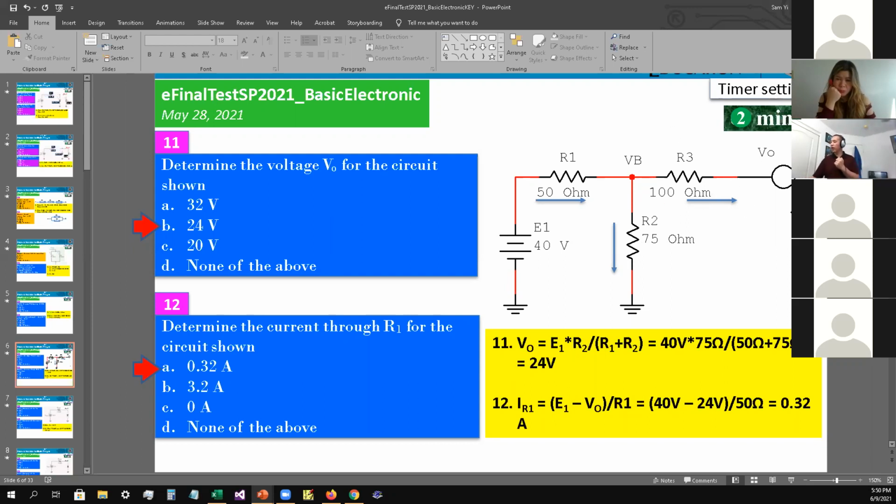This one is not connected to anything, so it's sort of like an open circuit. An open circuit, we kind of ignore going over to R3, so you only look at just this point right here.